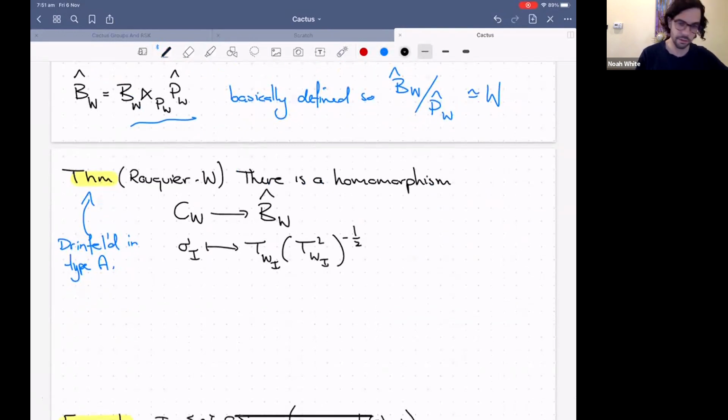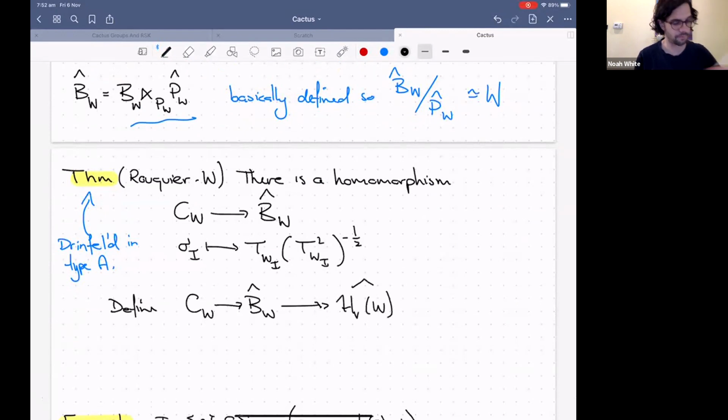But what we can do is define a composition. So we can go from the Cactus Group to the completion of the Braid Group, and then we can surject onto some completion of the Hecke algebra. I'm not going to talk about this completion, but you can believe that this surjects onto some completion of the Hecke algebra.